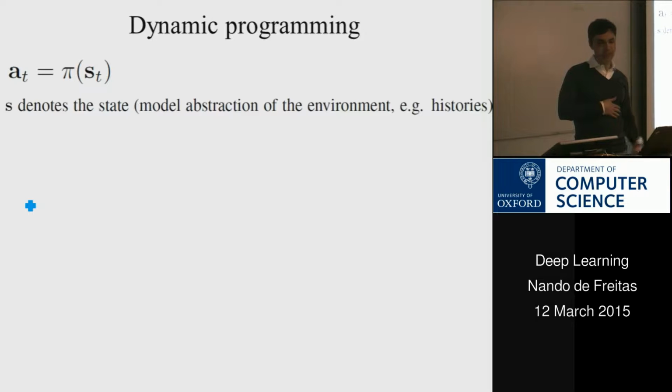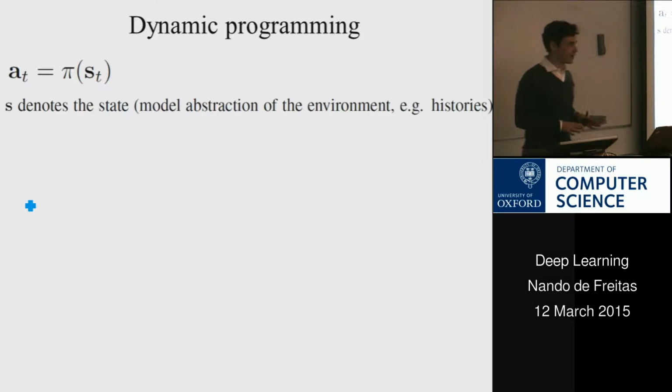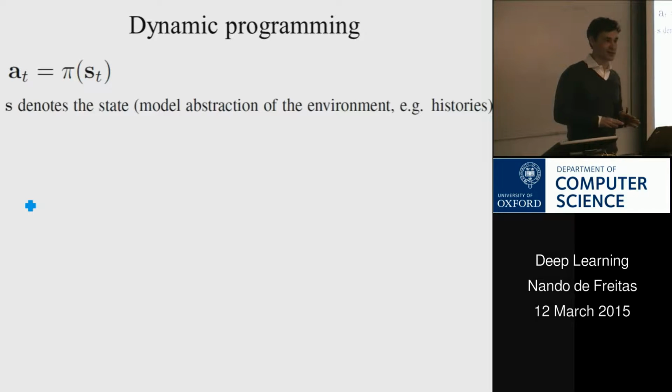It is also possible to cast it in a Bayesian setting and then use Markov chain Monte Carlo methods to solve that problem. So there's been really a lot of work on policy search from many perspectives. Dynamic programming is the other area that there have been probably hundreds of thousands of papers on.